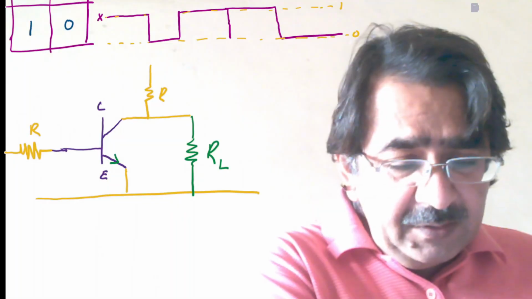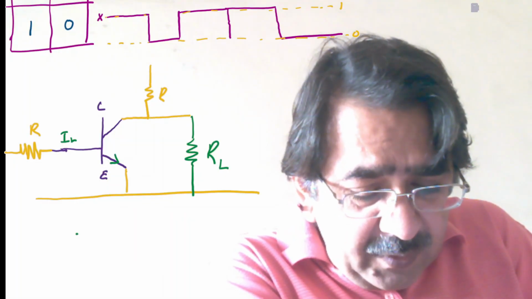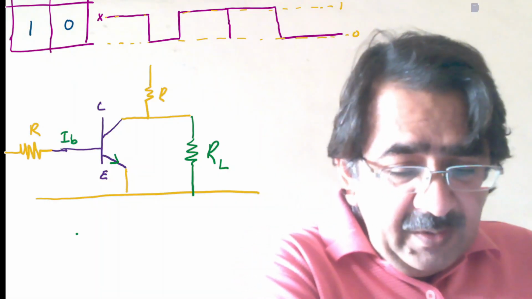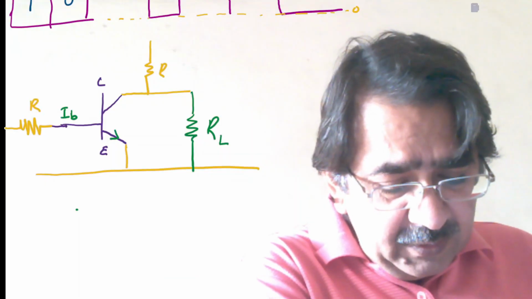So what is the working? As we know, there will be IB. There are two junctions.